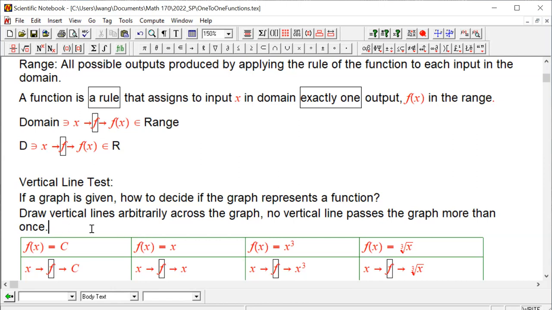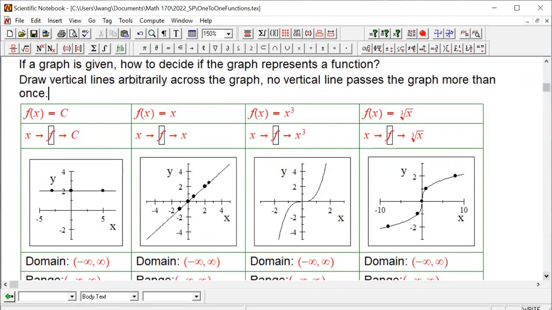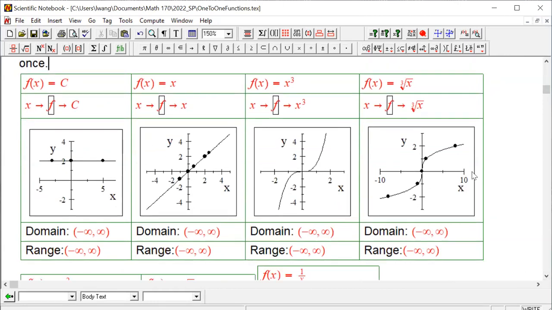If a graph passes the vertical line test, that graph represents a function. If a graph does not pass the vertical line test, it is not a function. All of the functions we talk about pass the vertical line test. You just draw a vertical line arbitrarily.